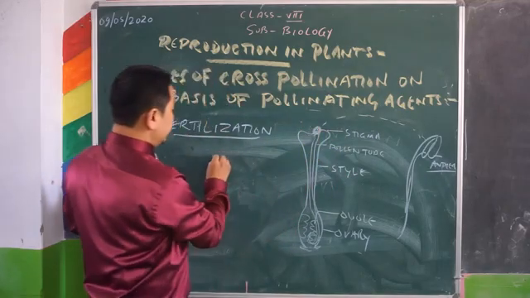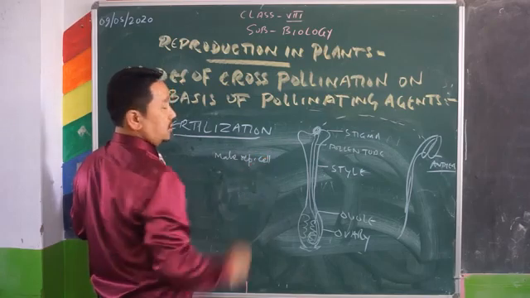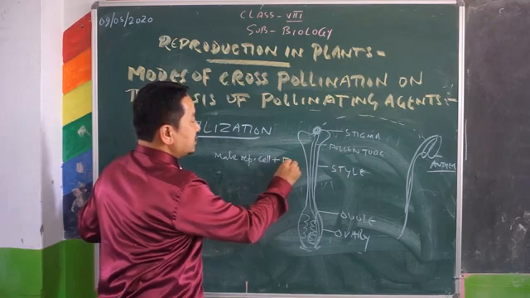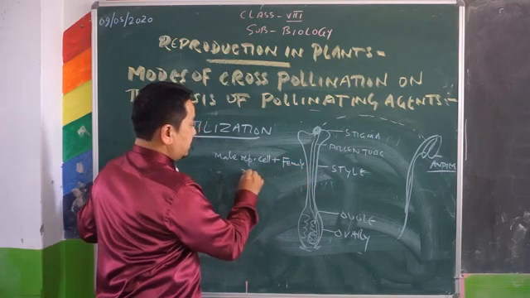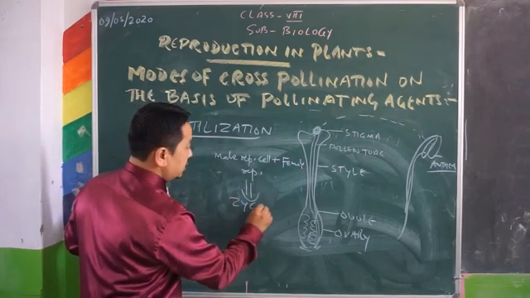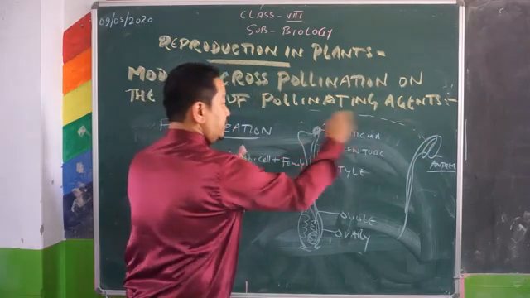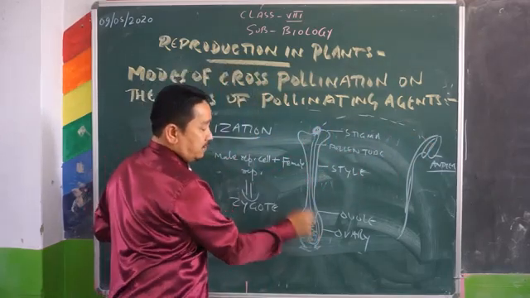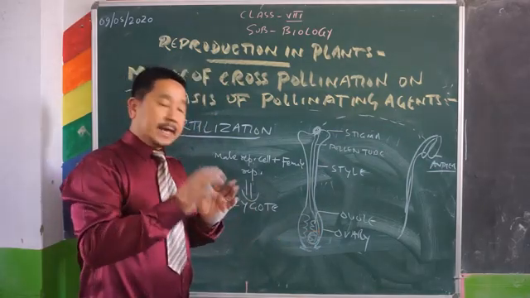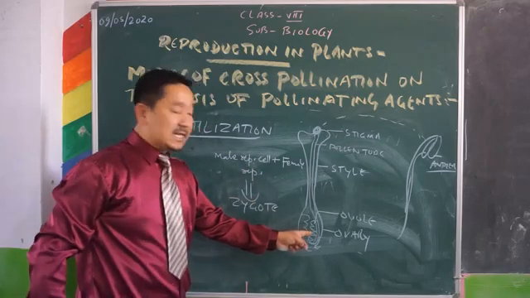Going inside, it finds the female reproductive cell to produce a zygote. Now see, when pollen is transferred from there to here, it goes down inside the ovary, where it finds the ovule and fertilizes the female cell inside.